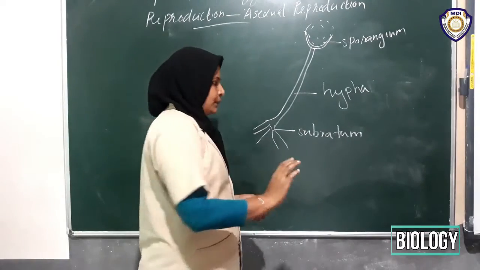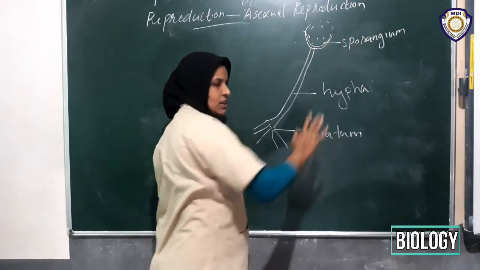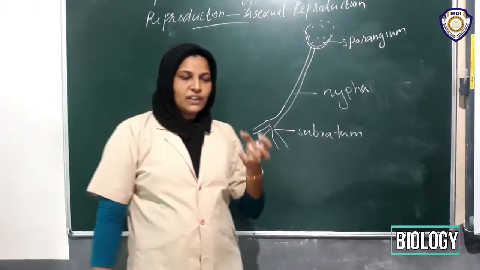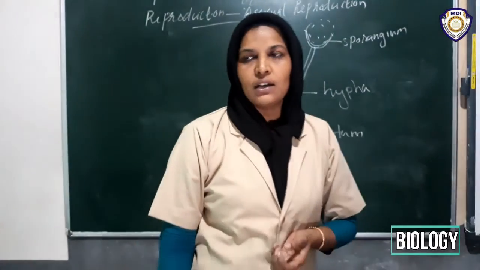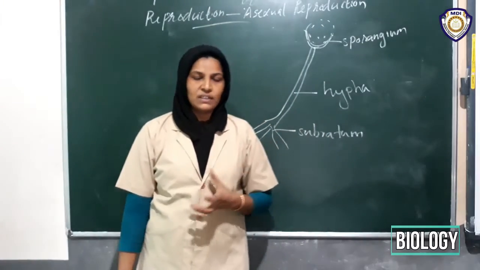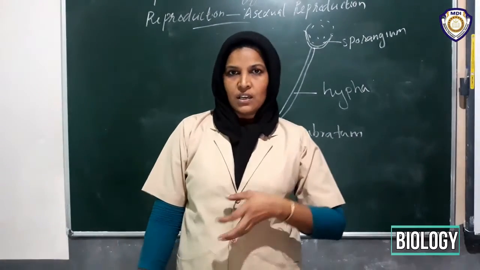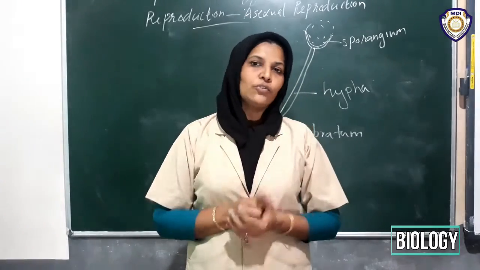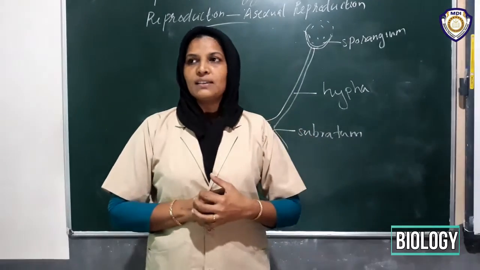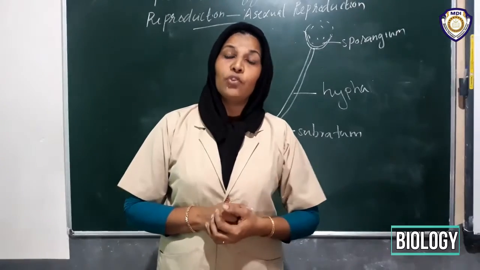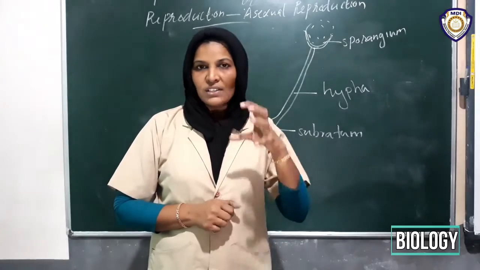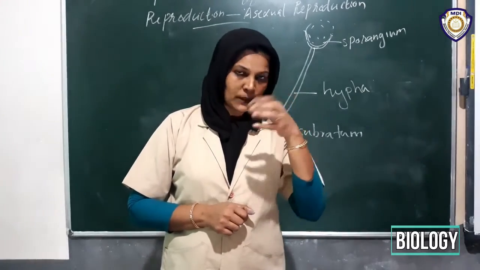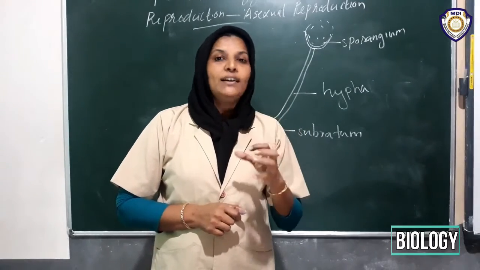Once again, listen. They have a structure called the sporangia. Inside the sporangia, spores are enclosed. Karyokinesis takes place at first, followed by cytokinesis, with a little bit of cytoplasm around the divided nucleus.